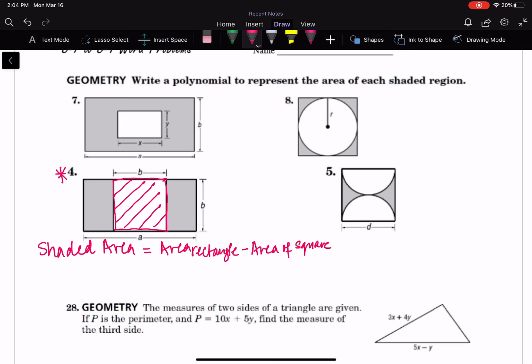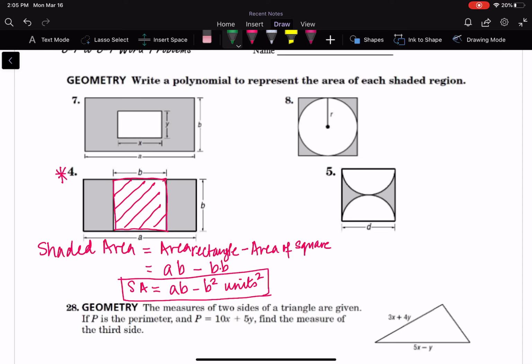And it turns out that the area of the rectangle is A times B minus the area of the square is B times B. So that's A times B minus B squared. And that's it. You don't need to do any more. You're good. So make sure you write shaded area equals all of this unit square.